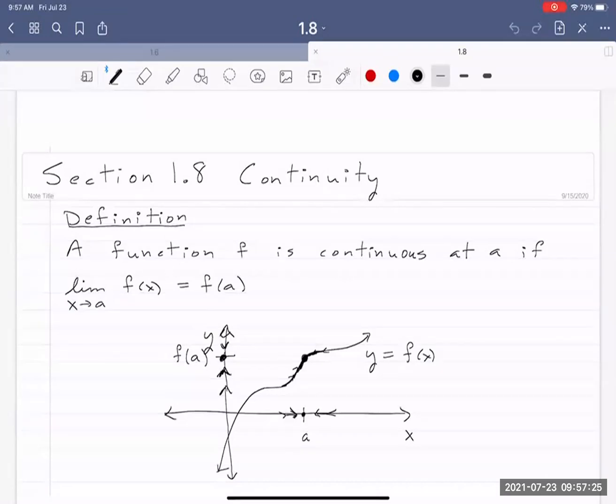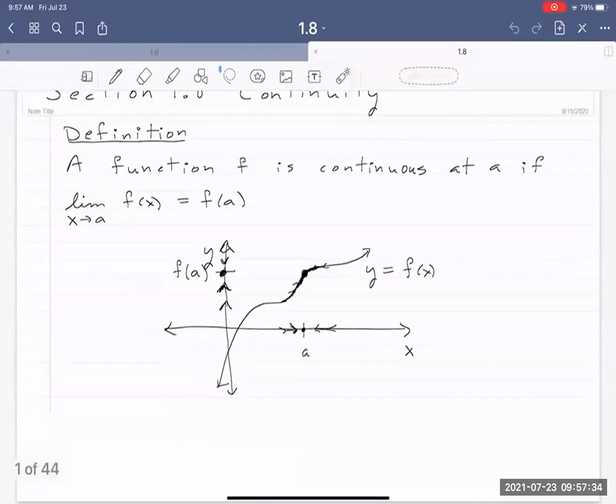Define continuity, sort of, in an intuitive fashion first. So we say that some function y equals f of x is continuous at some point a if I can draw the graph of y equals f of x near x equals a without having to lift my pen off of my tablet.